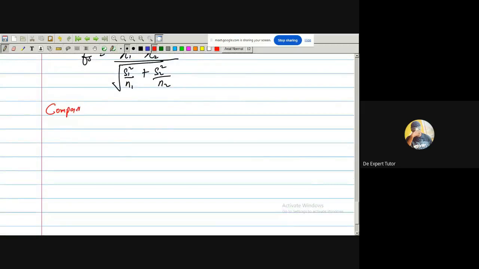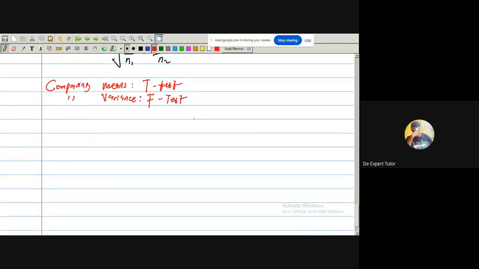When you are comparing means, that's averages, we use the t-test. But if you are comparing variability, or you hear variance, we use the F-test. But don't worry, I'll give you the F-test later.